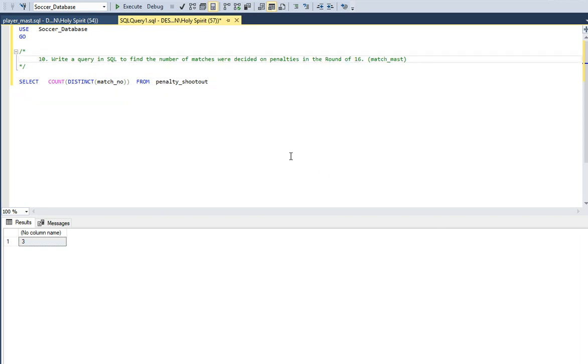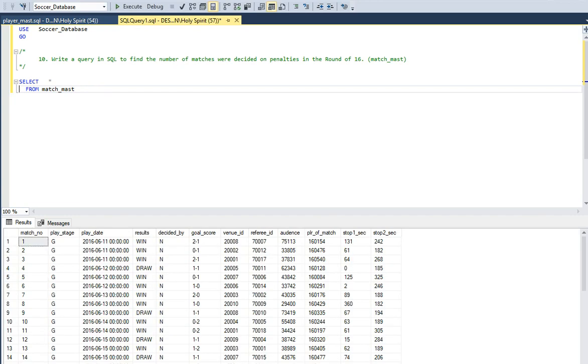The next question is, write a query in SQL to find the number of matches decided on penalties in the round of 16. Match mast. Copy. Execute. One moment. Yeah. Here, decided by, penalties, these are normal.